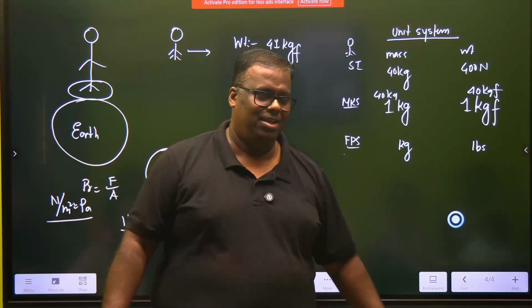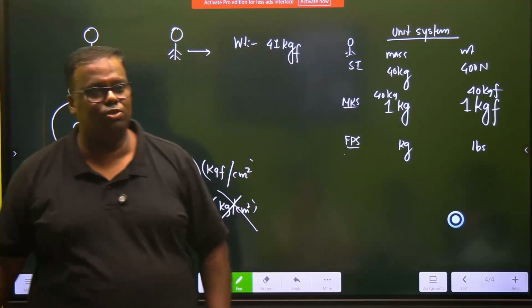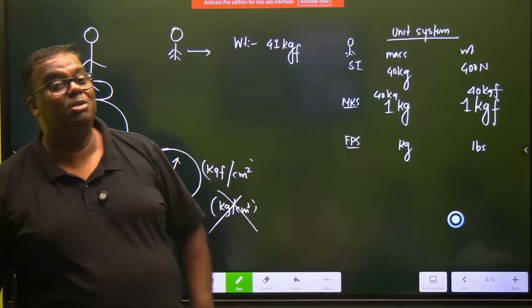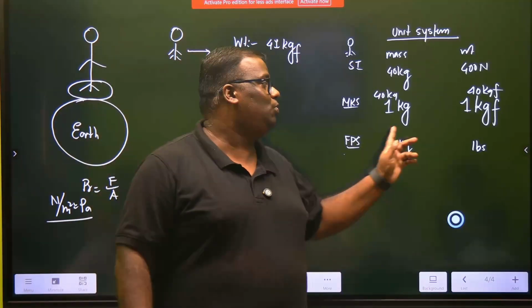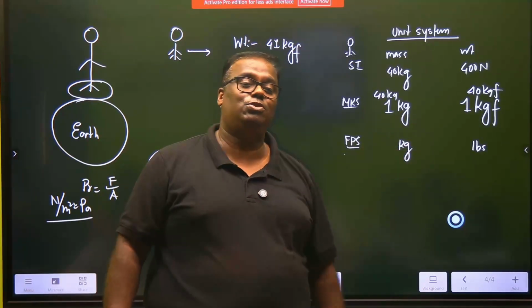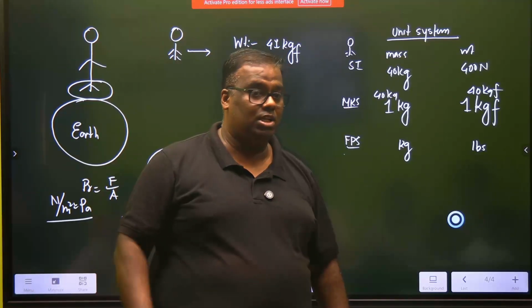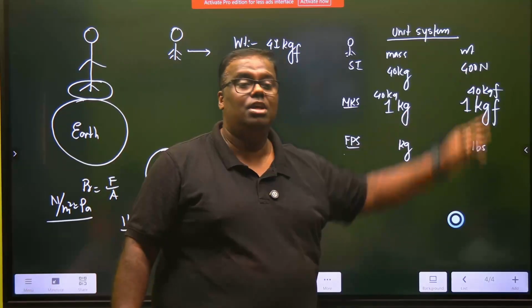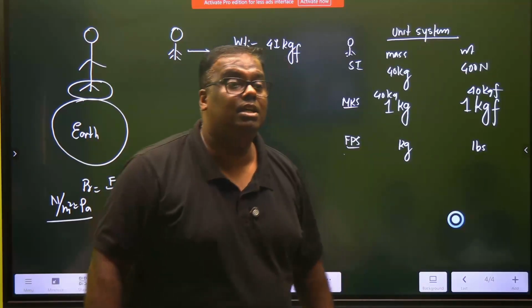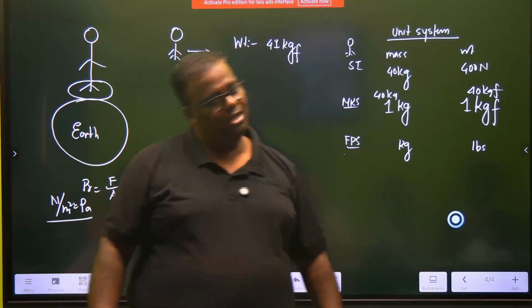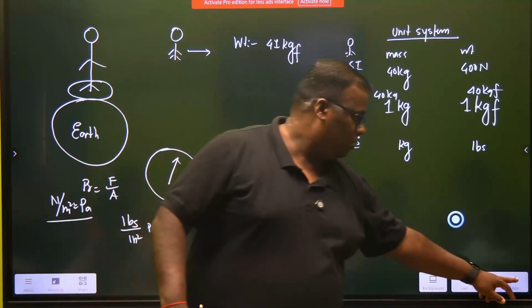No. You bought 1 kg mass of tomatoes, which was weighed on the planet Earth. And since you reported in MKS, the weight of those tomatoes was 1 kg force. And if you report it as per the lab language, in Newton, then it is 10 newtons. Clear ho gaya? Chaliye. So let's now do one more work problem.